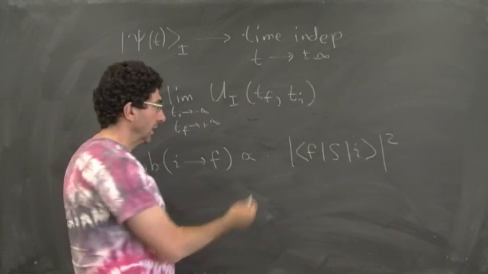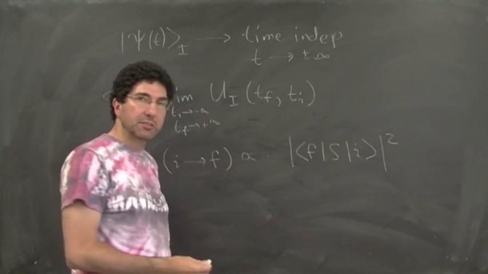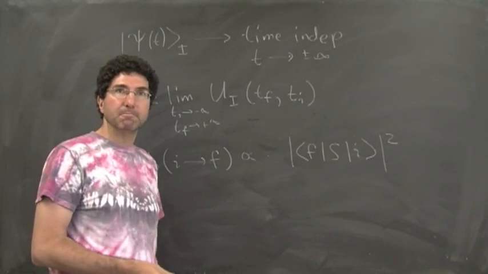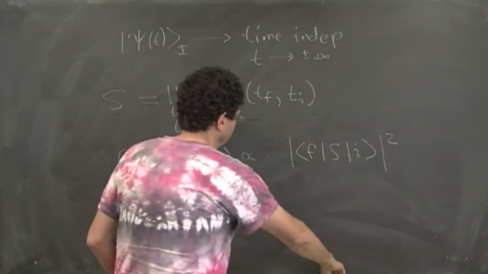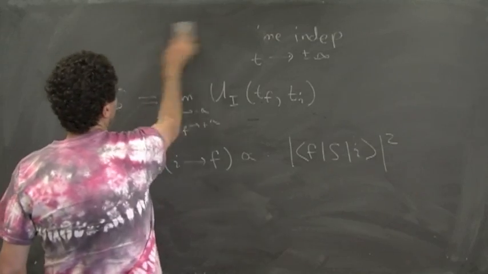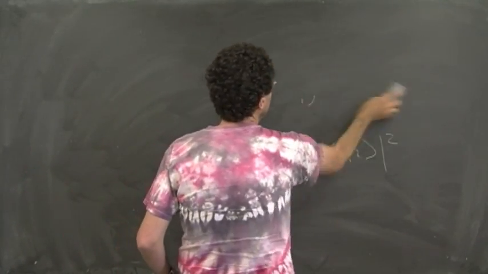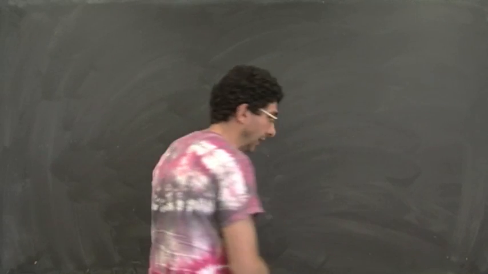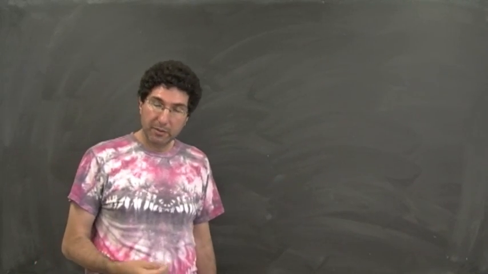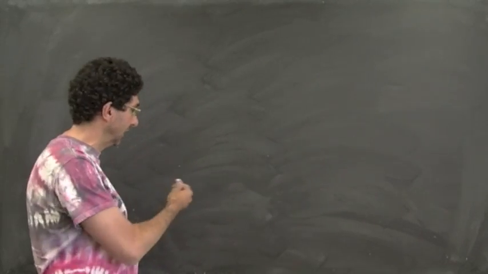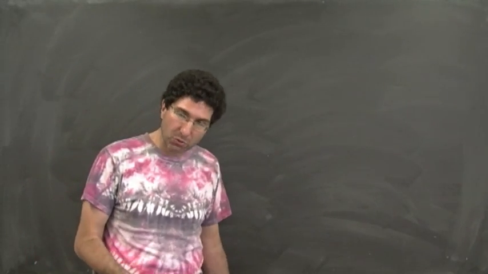So this S matrix is the basic object that we want to study if we want to study scattering. So what we want to do then is learn how to compute the S matrix in perturbation theory, and then we want to know how to interpret it, how to actually get physical results out of squaring it, and so on.